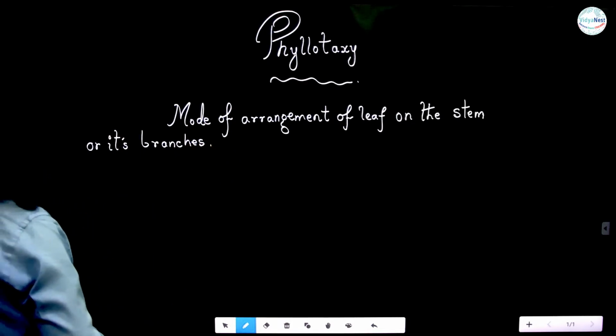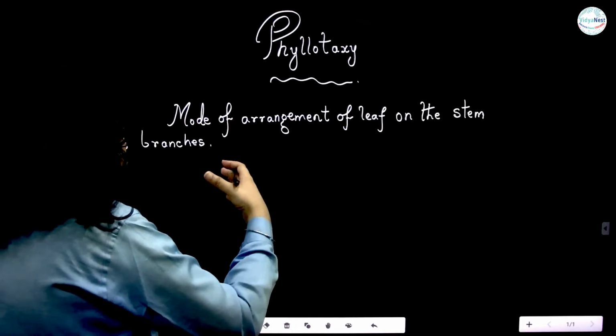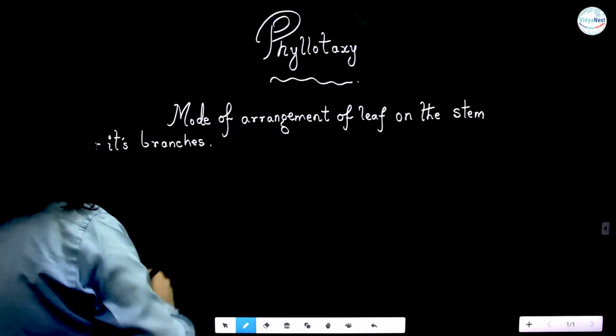This is how the arrangement of the leaves on the stem or its branches is known as phyllotaxy.